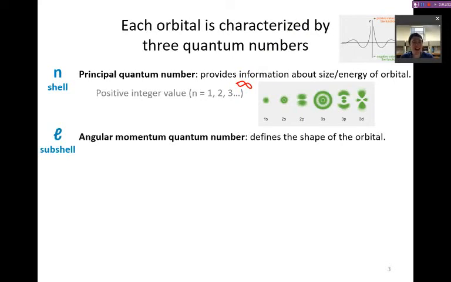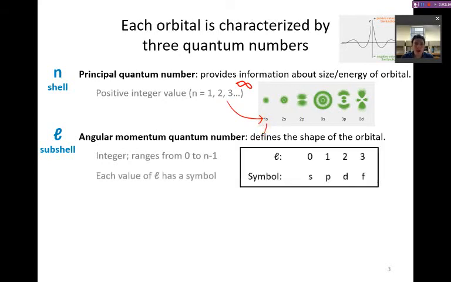The quantum number L, combined with n, describes the subshell. This is the angular momentum quantum number, and it tells us about the shape of an orbital. So we've indicated up here an n value and an L value, and the L value also has a symbol.